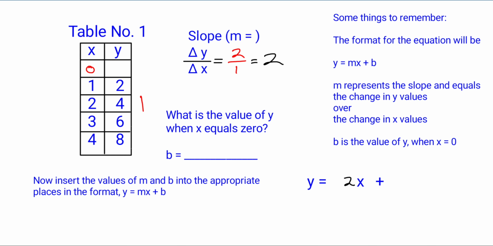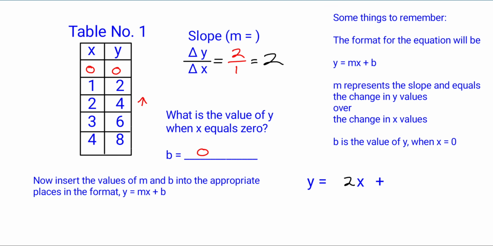We added 2 as we were going down, so we subtract 2 as we go up. 8 minus 2 is 6, minus 2 is 4, minus 2 is 2, and 2 minus 2 is 0. Just a coincidence in this example is that when x is 0, y equals 0. So that's very nice. The b value is 0.